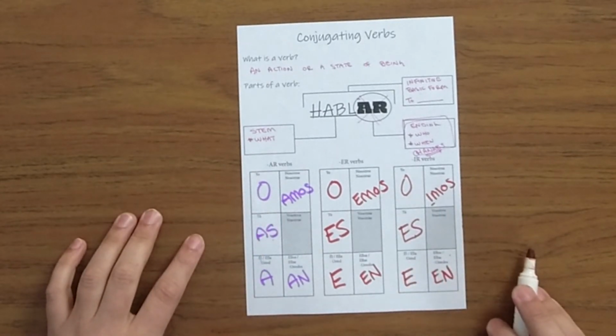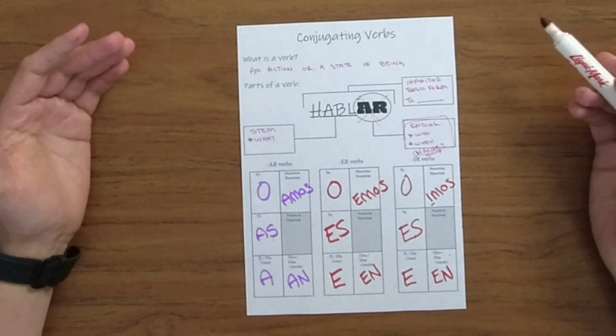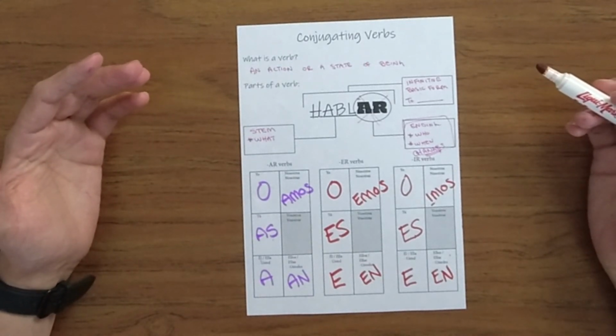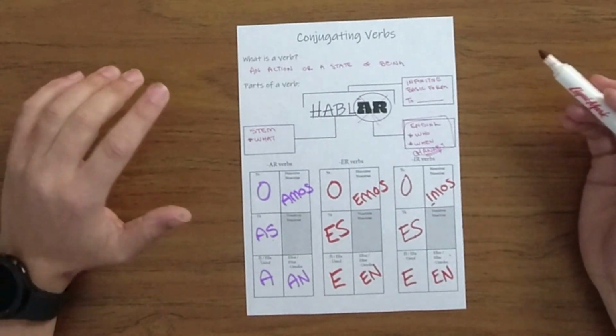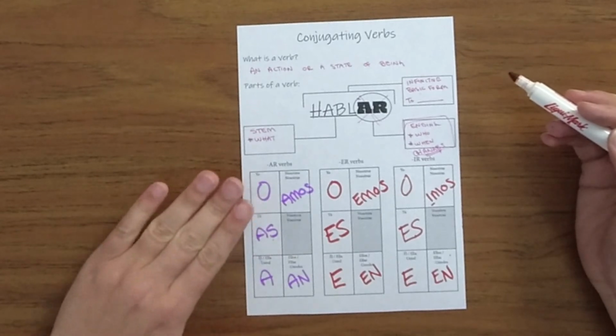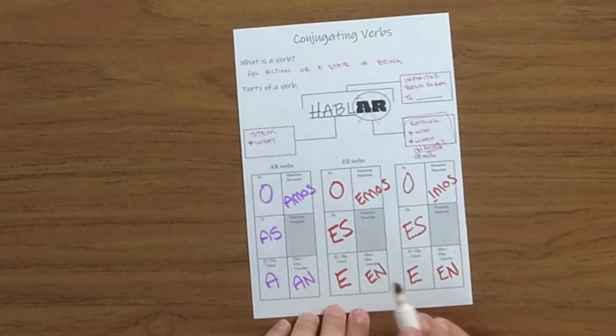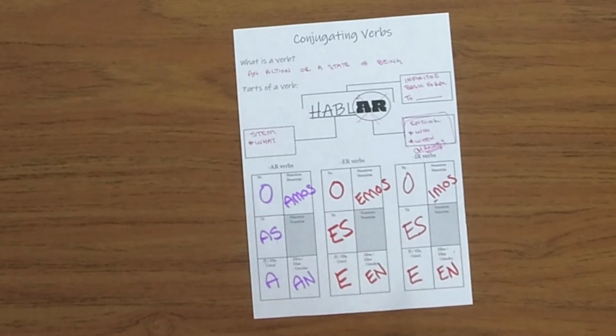Just like that. Okay? And you can see from here that these charts are really related. As I was mentioning before, if you know the AR, you're easily going to pick up the ER, you're going to pick up the IR.